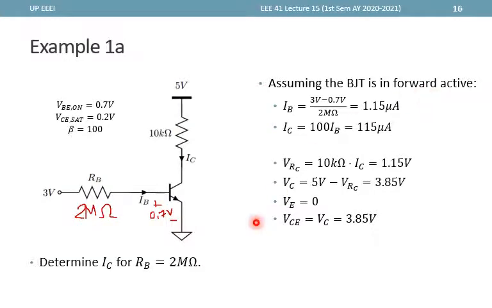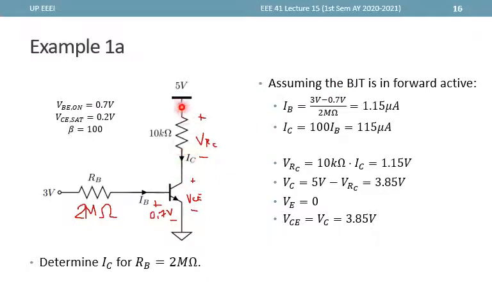So we need to get VCE. So by KVL, at the output side or at the collector side, here we have the voltage across RC, VRC, is equal to 10K times IC.